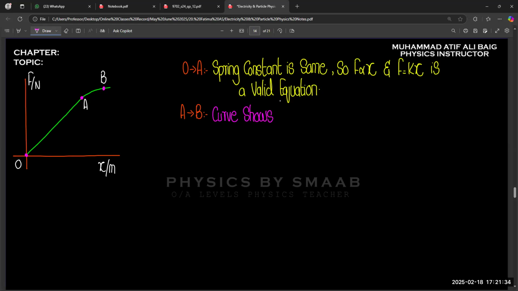The curve shows the value of K changes. So F is no longer proportional to x.